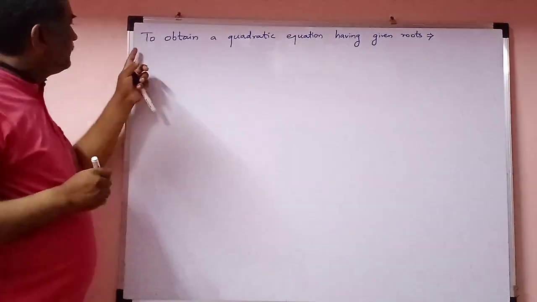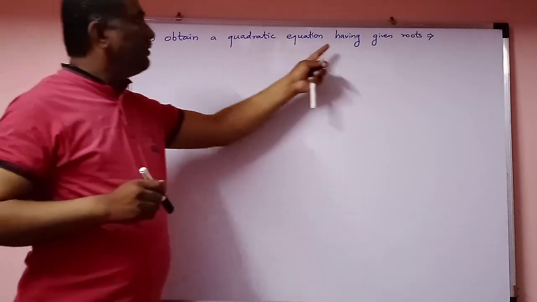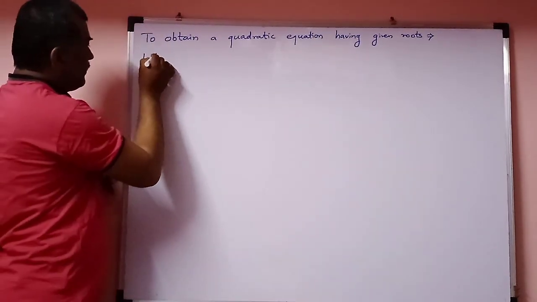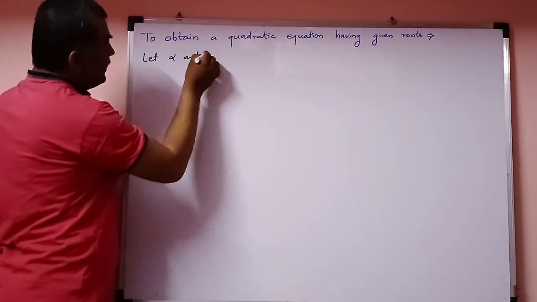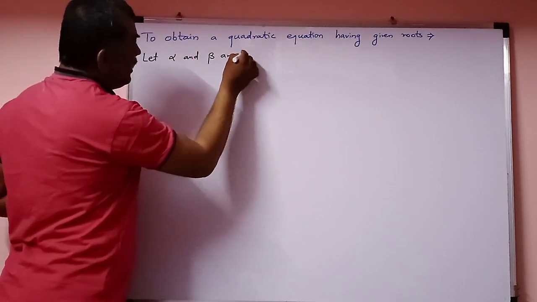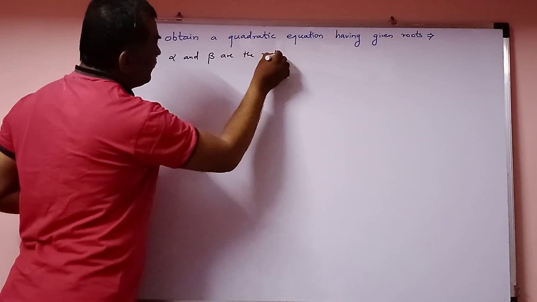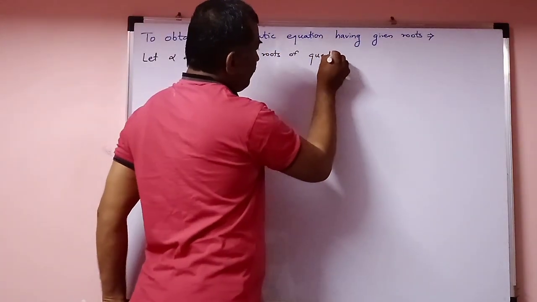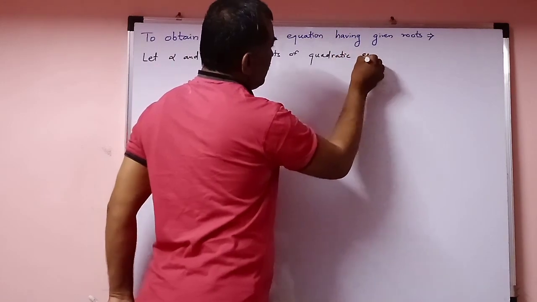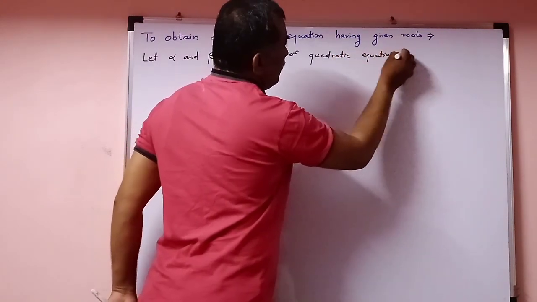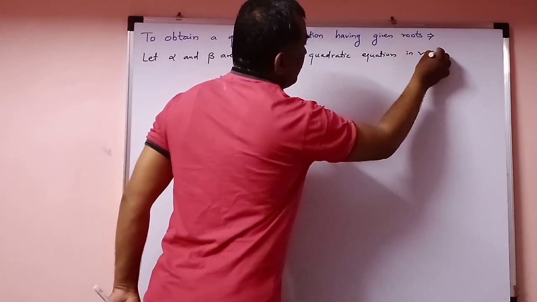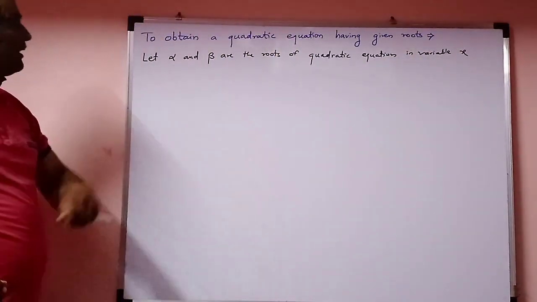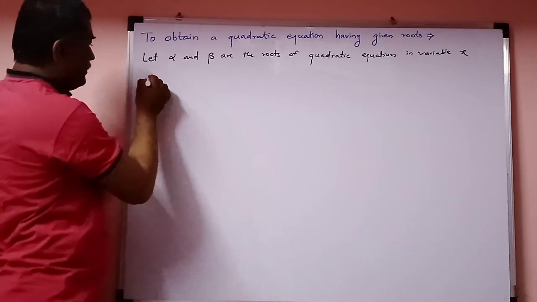Next point is to obtain a quadratic equation having given roots. Let alpha and beta be the roots of a quadratic equation in variable x. Variable x, alpha and beta are the roots of a quadratic equation.